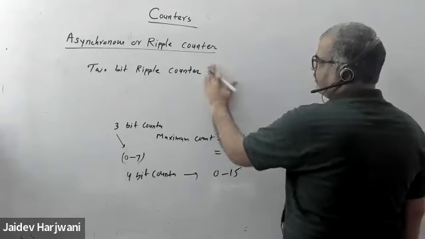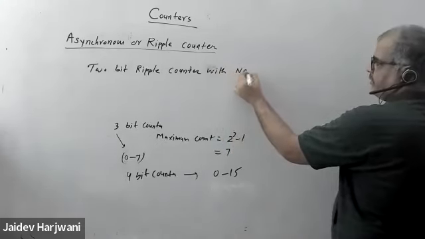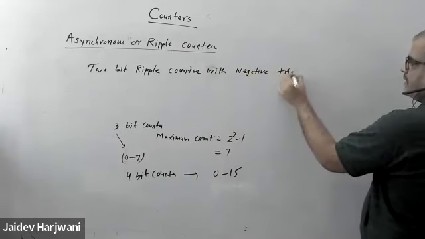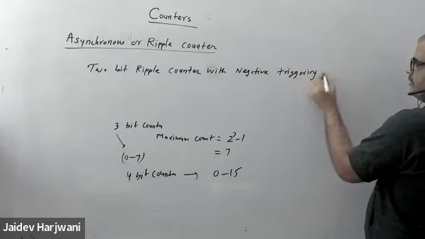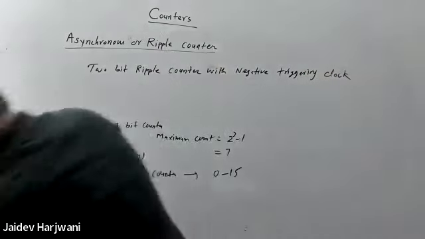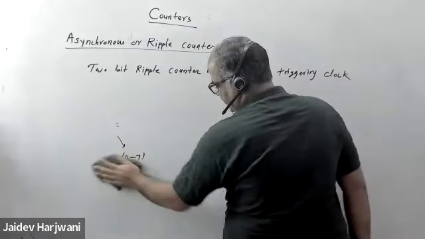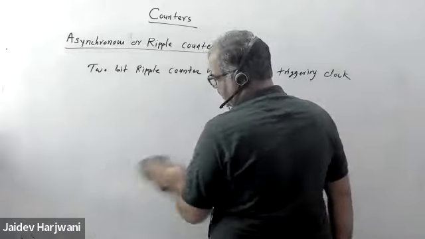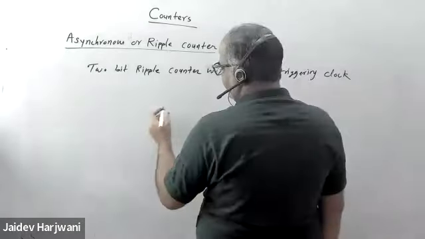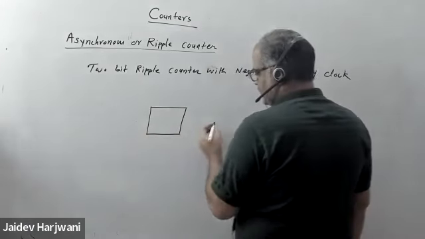A 2-bit ripple counter can count up to 4 states, 0 to 3. And for a 2-bit ripple counter, I need 2 flip flops.